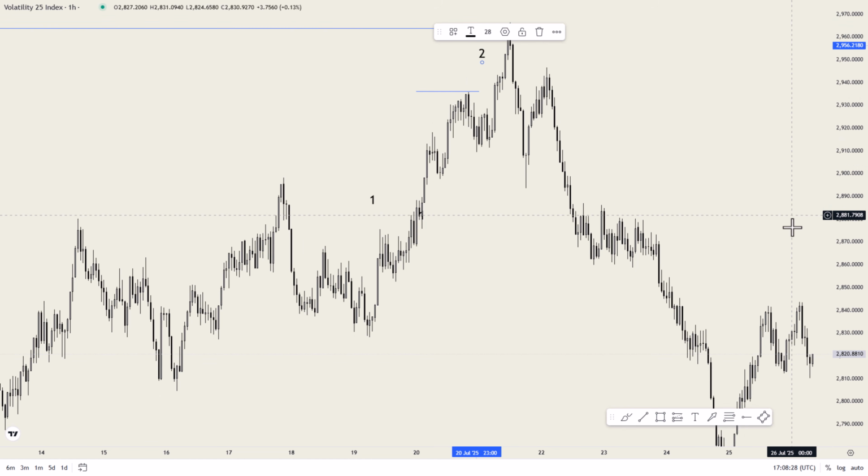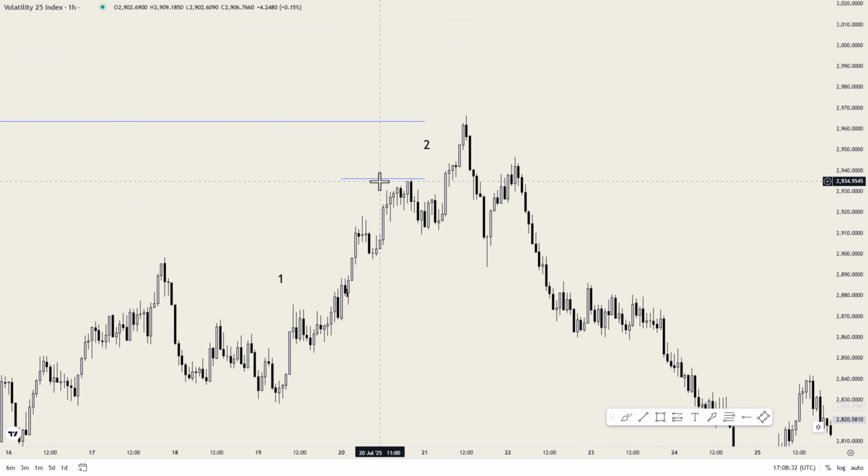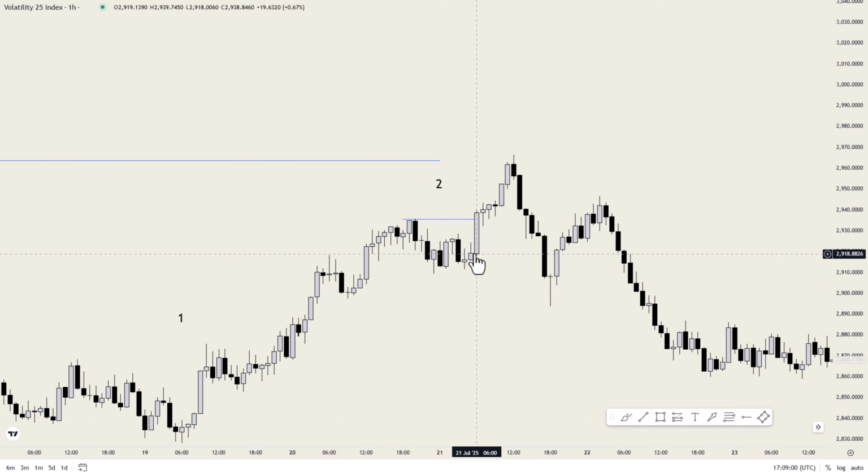Now, how do you determine your change in the state of delivery? This is the high of candle 1 and this is candle 2. Now the whole of this is candle 2, from this low to this high and from this high to this low. This consecutive bullish candle is the change in the state of delivery once price violated.